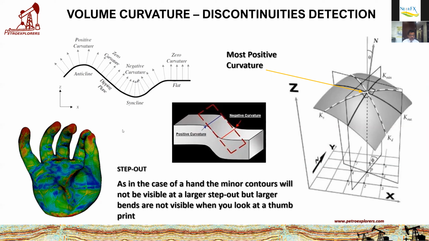But the most important idea of this curvature analysis is that at every step out, the curvature effect changes. Sometimes if your step out is very big, you won't see the fault. At different step outs, the structure will be expressed differently.